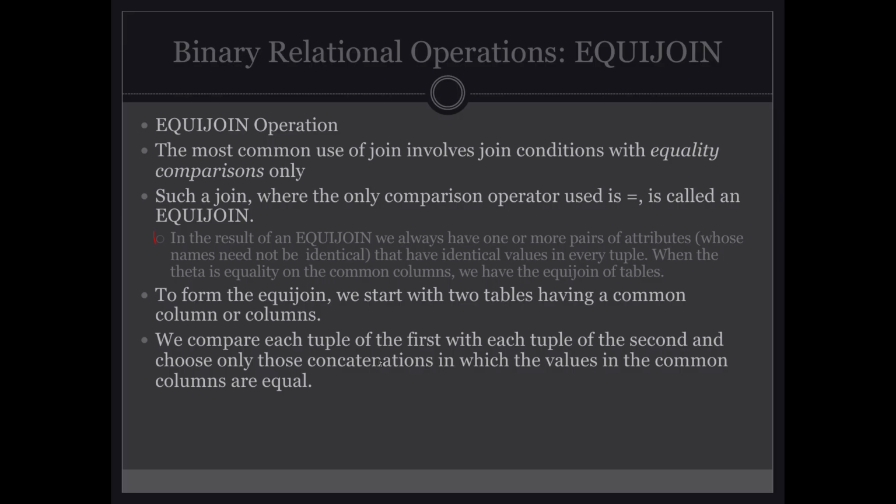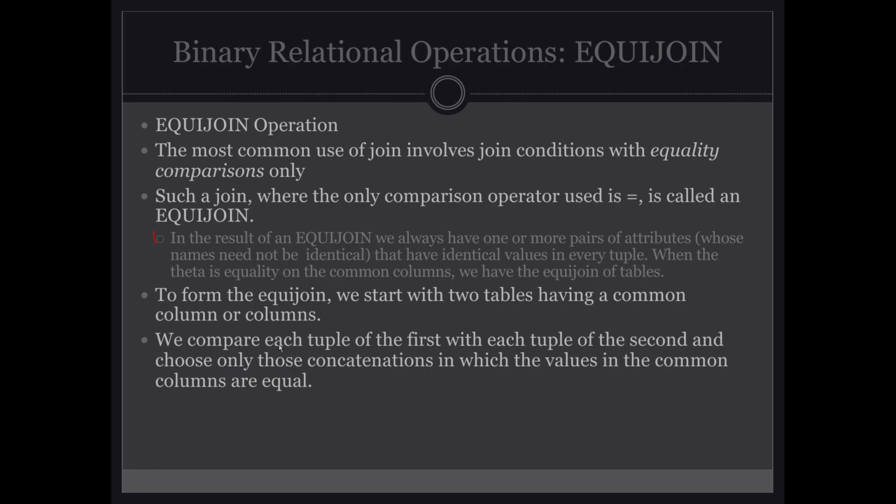Okay, so the kind of precondition, let's say, of the equijoin, like the assumption of the equijoin is that the two tables that you're applying it on have a column that is shared between them, okay? This needs to be the case. If it's not, then equijoin is not defined at all, okay?